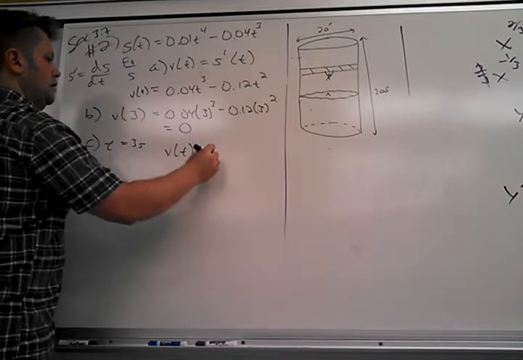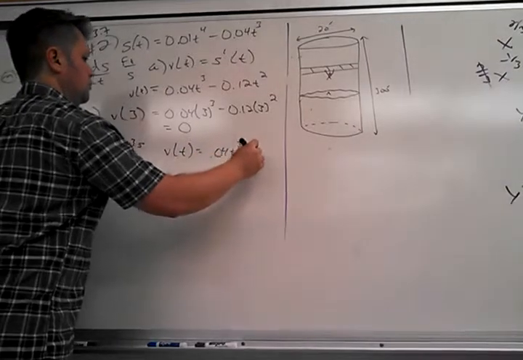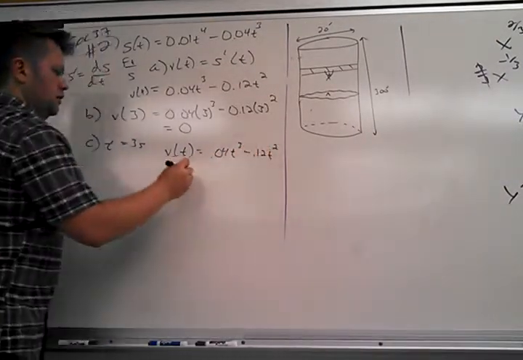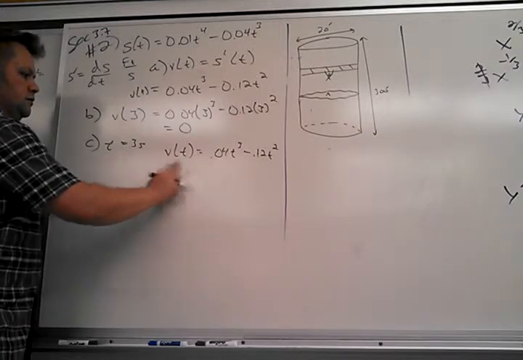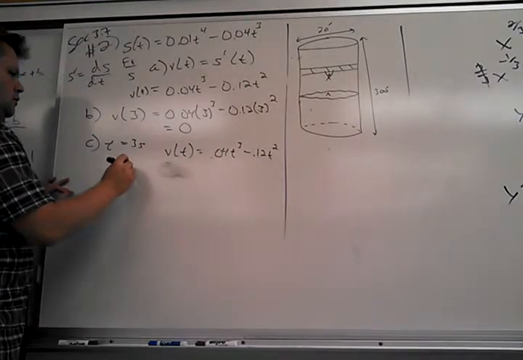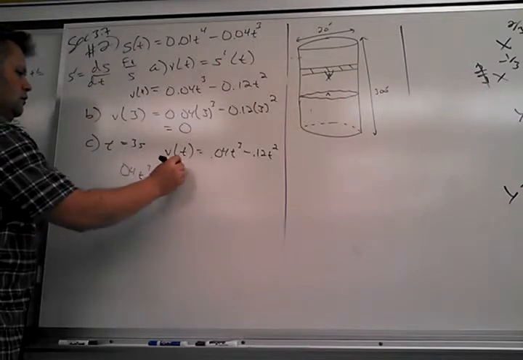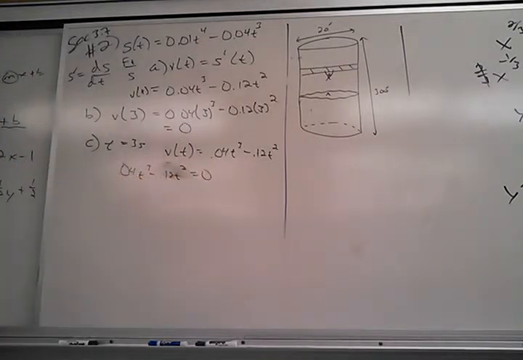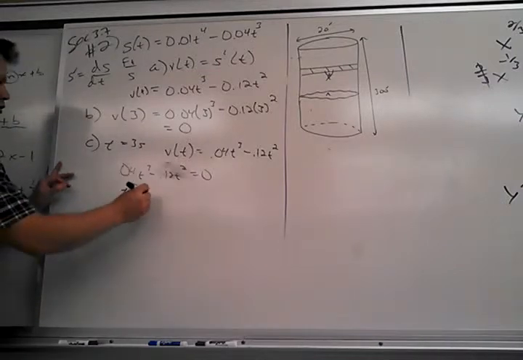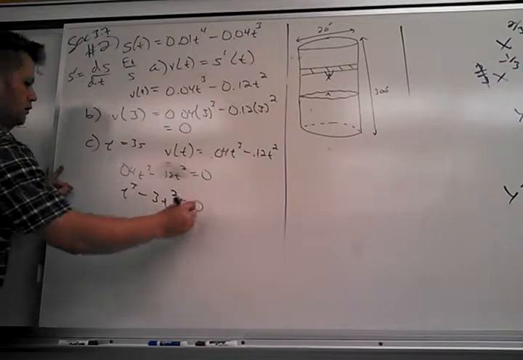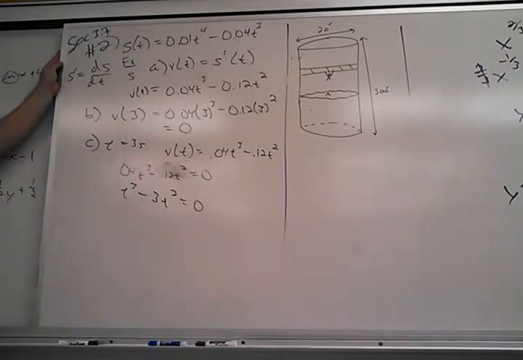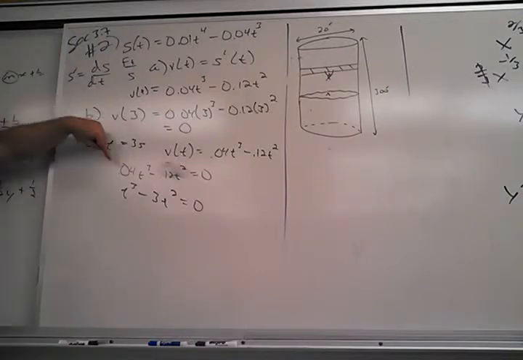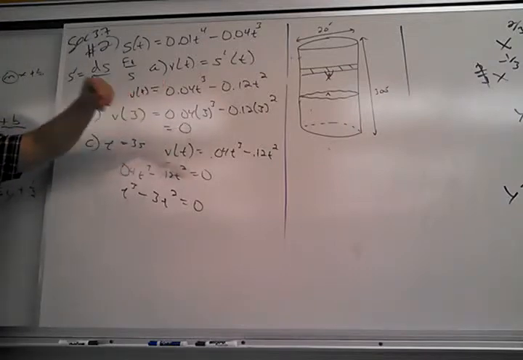Looking at the velocity of t, it's 0.04 t cubed minus 0.12 t squared. How do I get all those answers? Set it equal to 0. So I can divide by 0.04, for example, to make this thing look a little nicer: t cubed minus 3t squared equals 0.